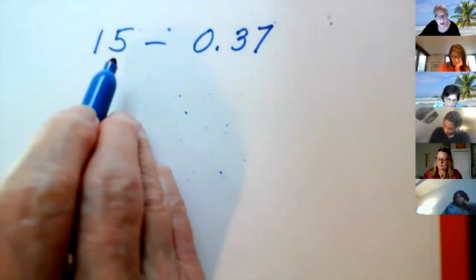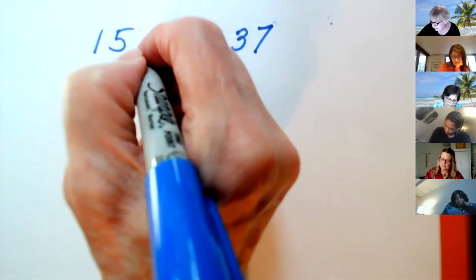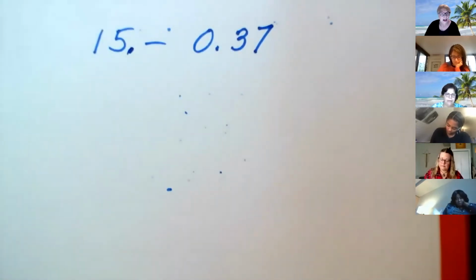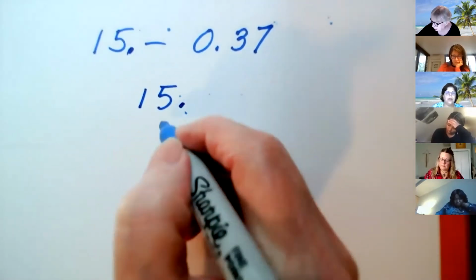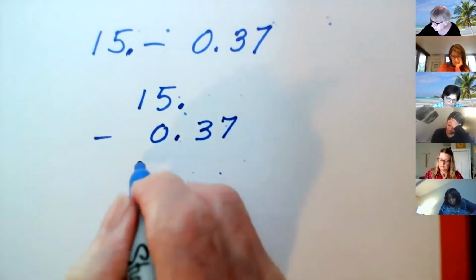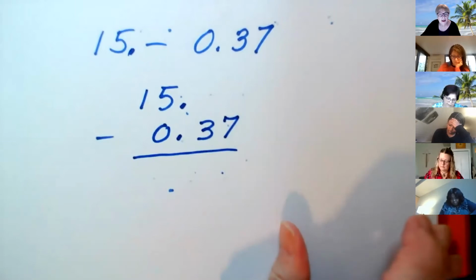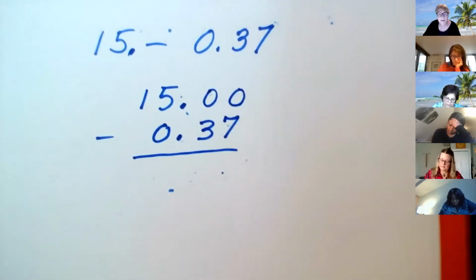The only problem here is there's no decimal point, but I hope I made the point that if there's no decimal point, it belongs on the right side. And so this is 15 point, and this is subtract 0.37. Now here's a case where adding the zeros, I think, makes sense. And honestly, the way I wrote this problem, I would think of it as money.